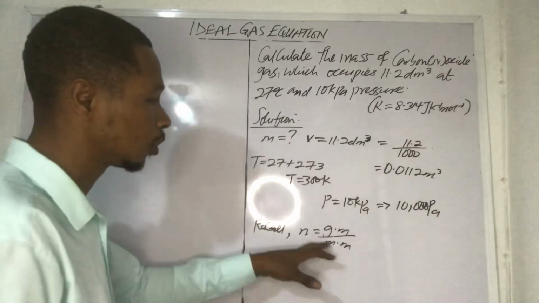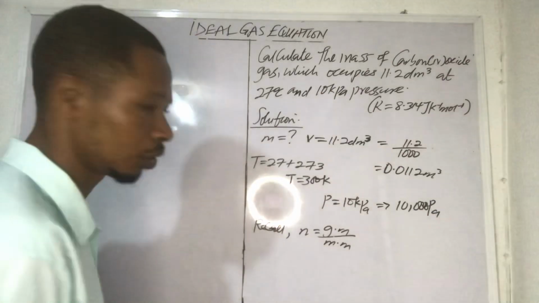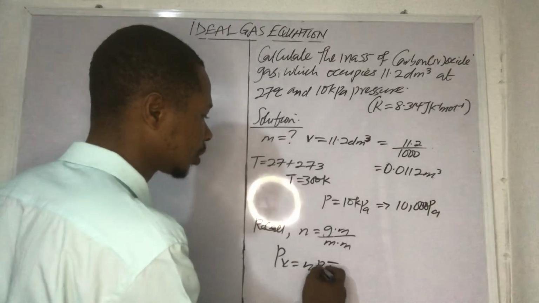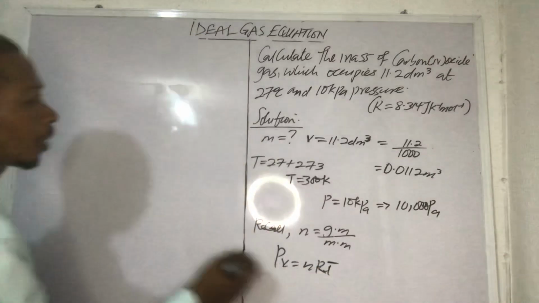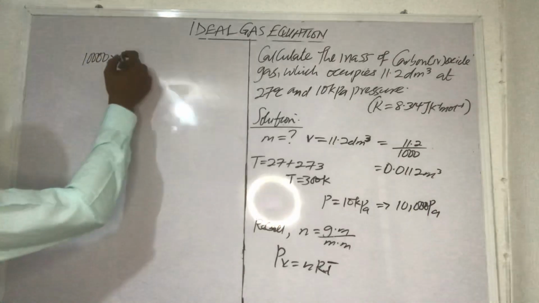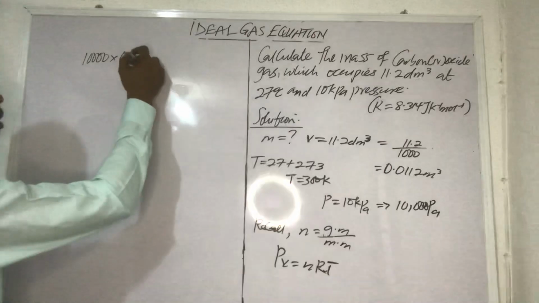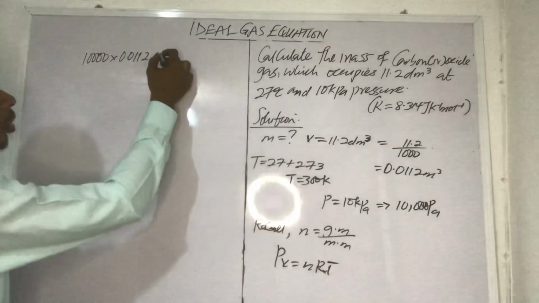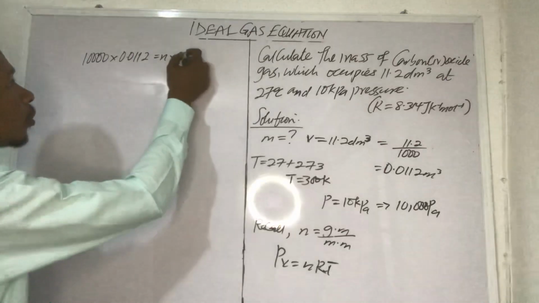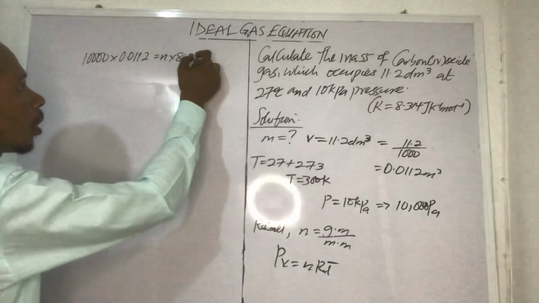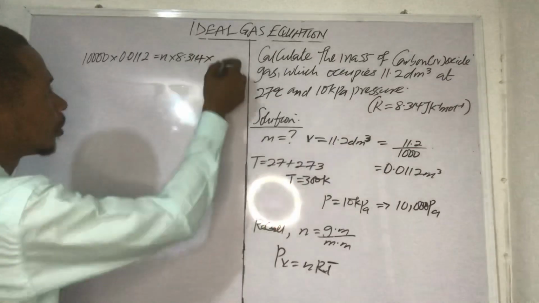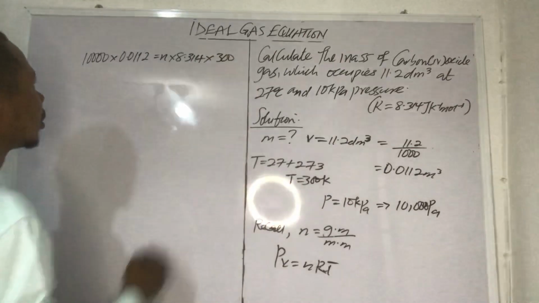So if I now substitute all this into my general gas equation of PV is equal to nRT. My P is now 10,000. My V is 0.0112. Is equal to n. I want to first calculate n first. Times molar gas constant 8.314 times temperature 300.